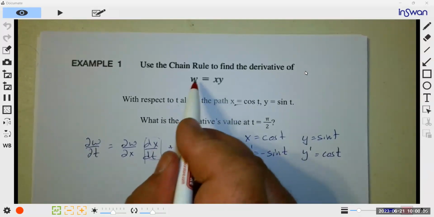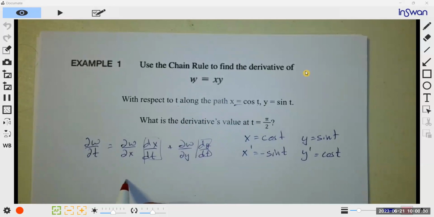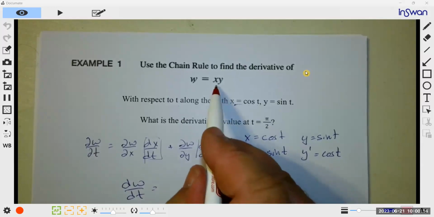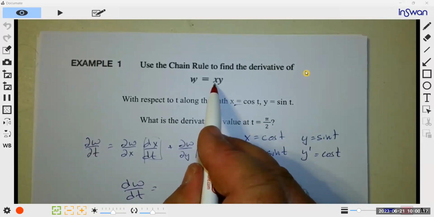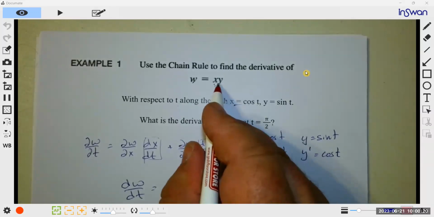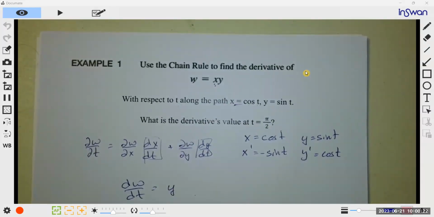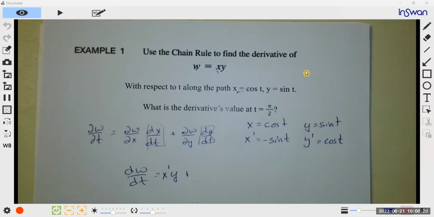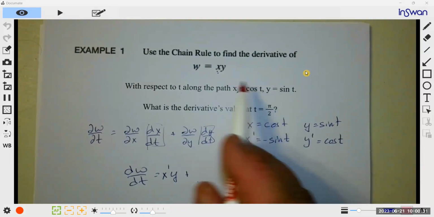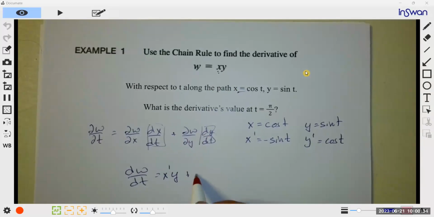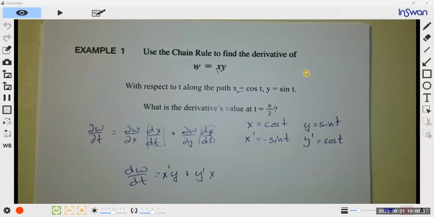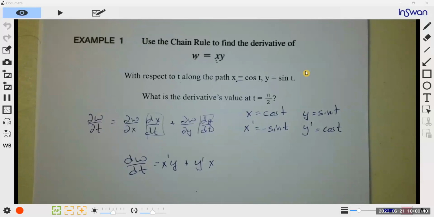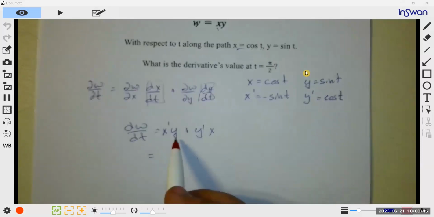Now, we take the derivative of our entire function here with respect to t. We'll first take the derivative of x, which is 1, and leave y alone. Then the next part is take the derivative of y, leave x alone. Now we can start plugging stuff in.